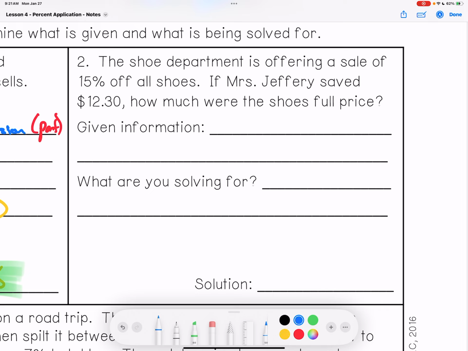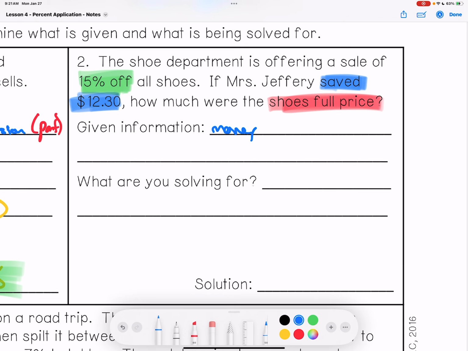The shoe department is offering a sale of 15% off. That's key. Off all shoes. If Miss Jeffrey saved $12.30, how much were the shoes full price? All right. So what information was given? How much was saved?